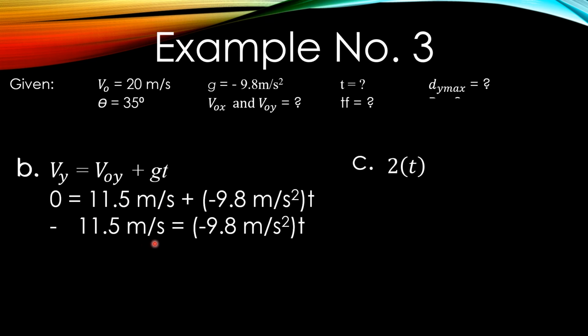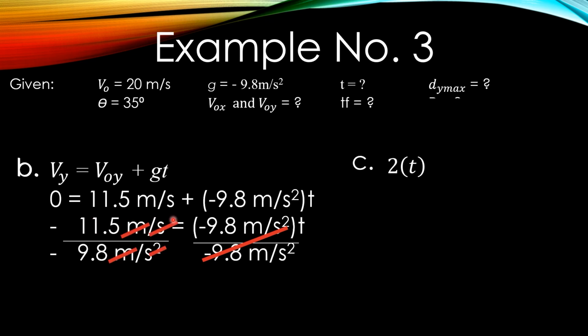Now, divide both sides by negative 9.8 meters per second squared. Let's cancel out negative 9.8 meters per second squared on this side. For the other side of the equation, let's cancel out the unit for the meter in the numerator and also the denominator.